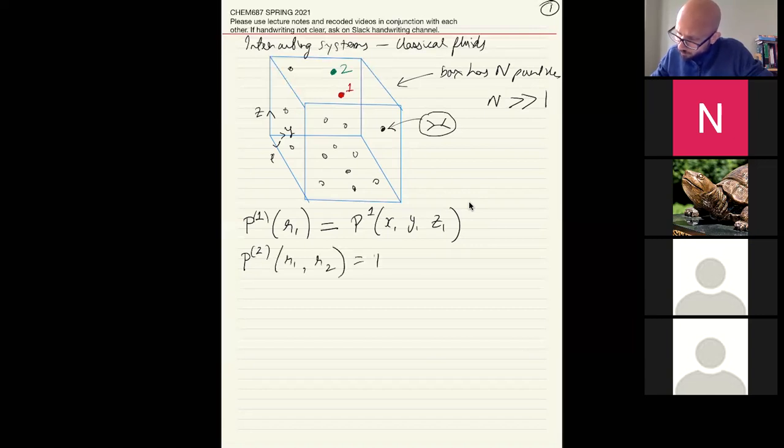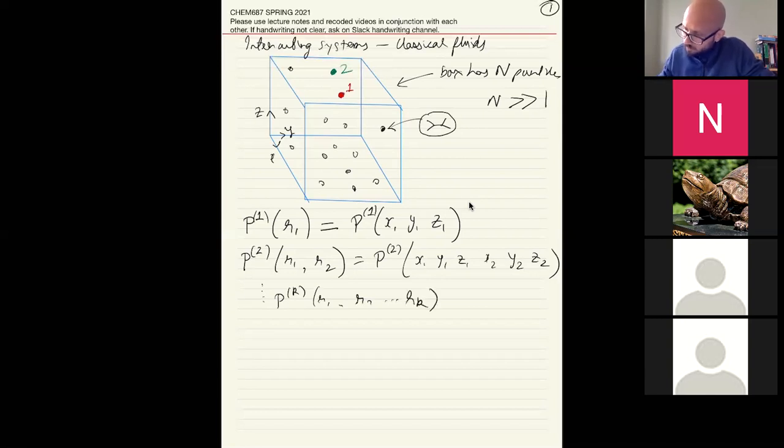This will be probability P2. And now it will have not just 3 coordinates, but 6 coordinates: X1, Y1, Z1, X2, Y2, Z2, and so on. And we could generalize it to the probability of finding K specific particles at R1, R2, through Rk. So this probability is called the distribution function.